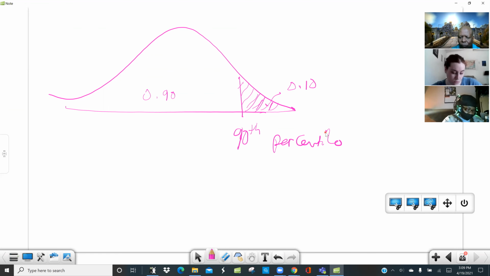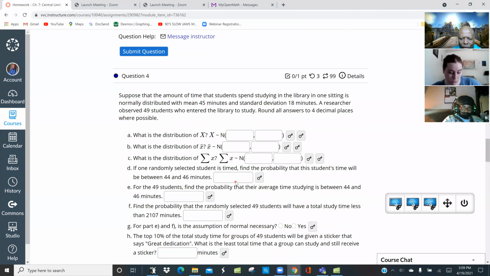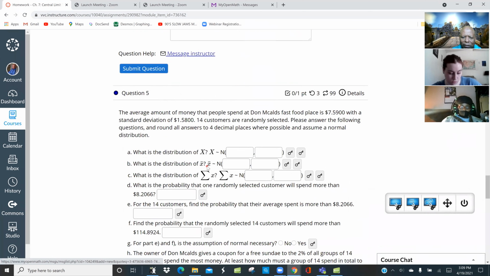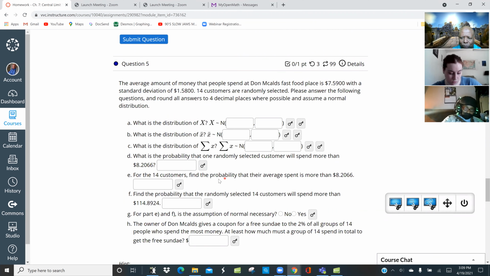And if I scan through the rest, they're really the same. They're asking for the normal distribution, the top 10%, great dedication. Again, the top 2% of the groups.